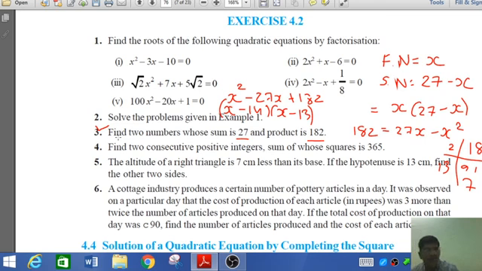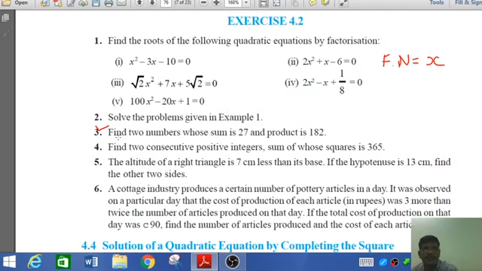One more sum, that is the fourth sum. I am explaining it again, it is too easy, so I am not repeating it now. Two consecutive positive integers. So if I take the first number x, then the second number is x plus 1. Now sum of squares, so I have to make squares, and x plus 1 whole square is equal to, I have to write 365.